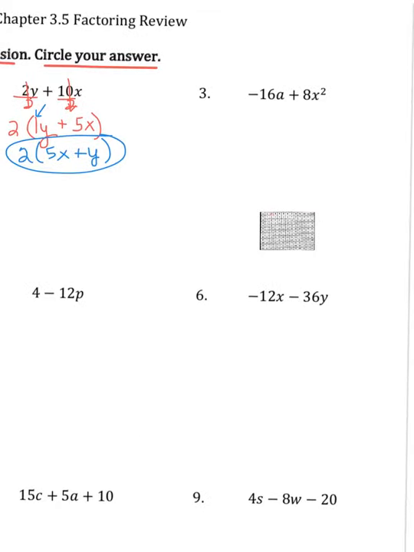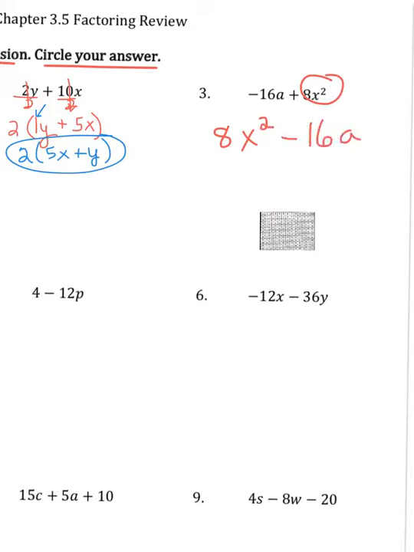Okay, I have negative 16a minus 8x squared. I'm going to factor out the 8, but I have to notice, is this written in standard form to begin with? No, because I have this term that has a squared variable. So I'm going to put that first. 8x squared minus 16a.